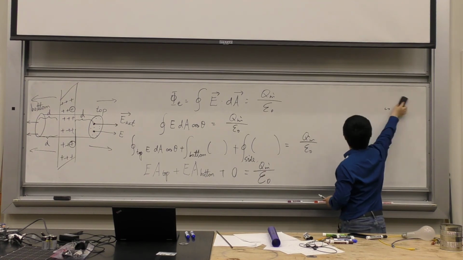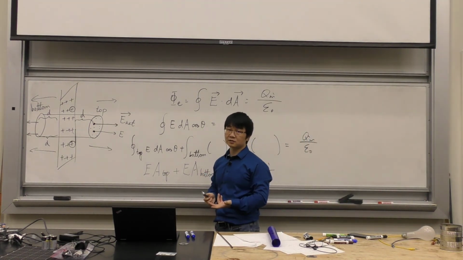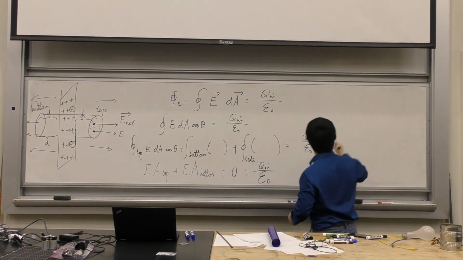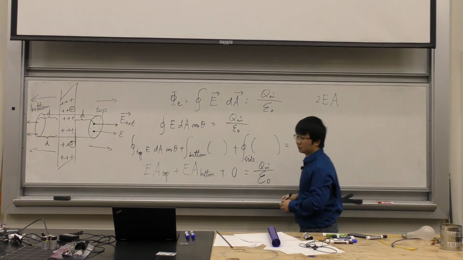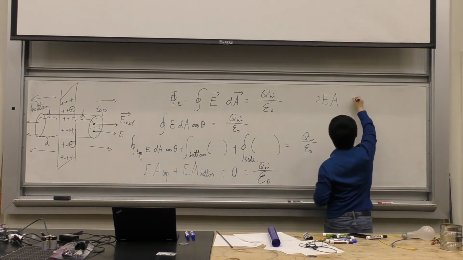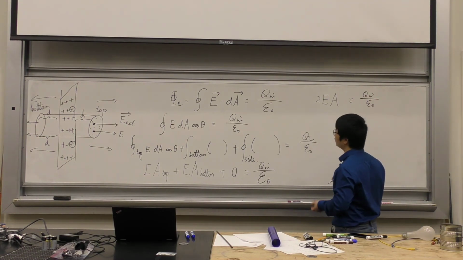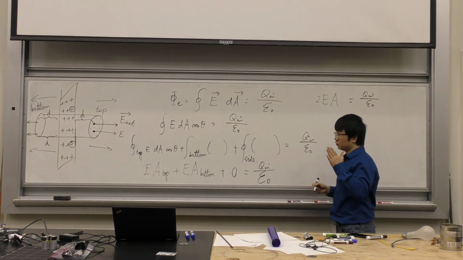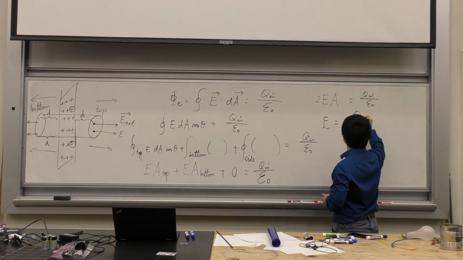The bottom and the top have the same area, since it's a cylinder. So I'm just going to use A. So I have 2 E times A on the left-hand side. Now the right-hand side is Q in over epsilon naught. How do I find E? Don't forget what we're doing. We are using Gauss's law to find the electric field. I'm just going to divide by epsilon naught times A.